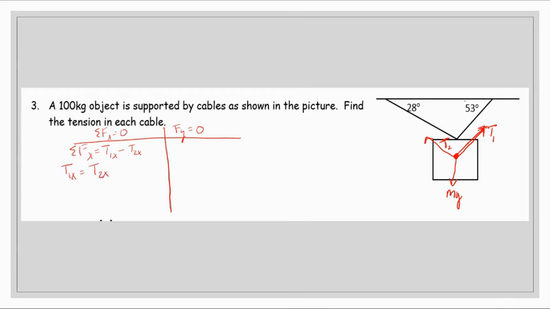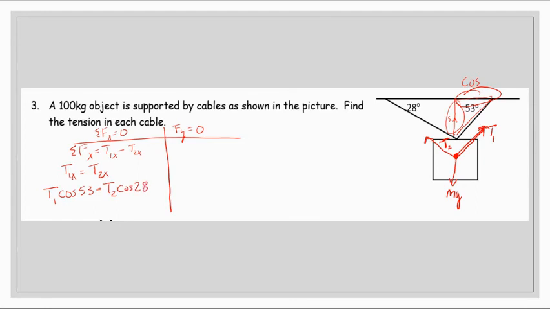And again, just like the last problem, in my right triangle my X is my cosine and my Y is my sine. So I know tension 1 cosine 53 is equal to tension 2 cosine 28.